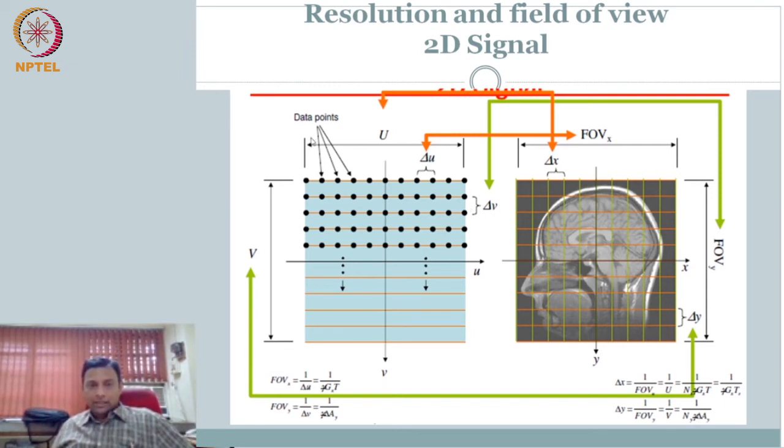Likewise, the sampling width in one domain, delta x, dictates the extent in another domain, u. If you acquire large u, you can have smaller delta x. If you acquire large v, you can get smaller delta y.